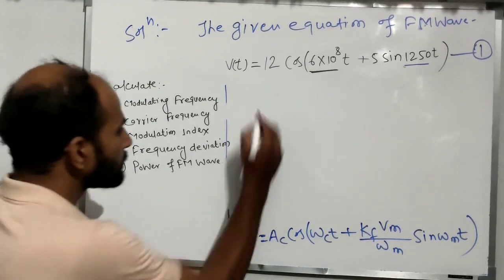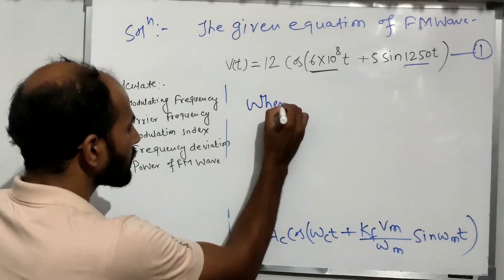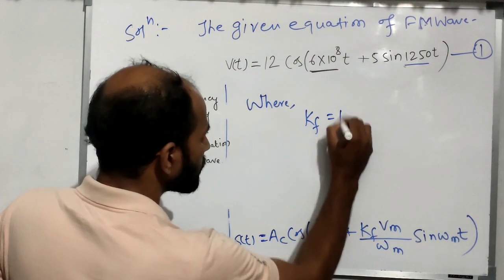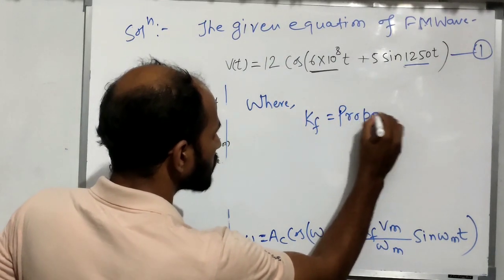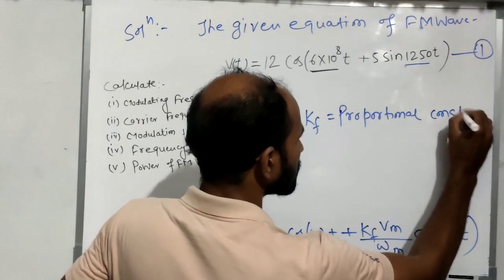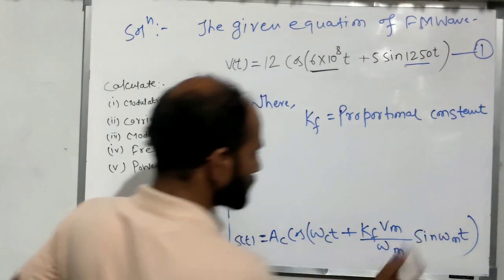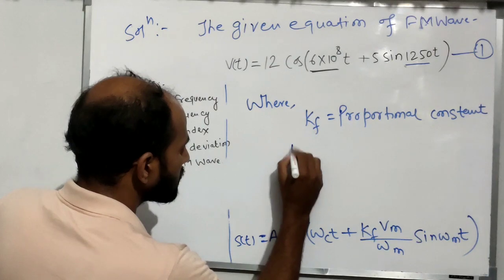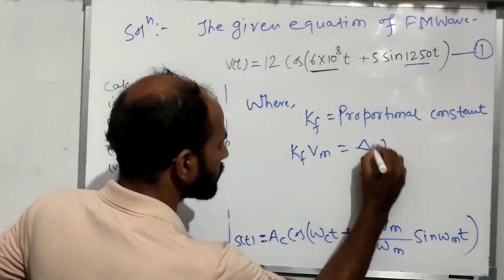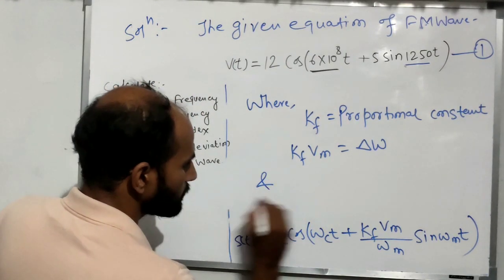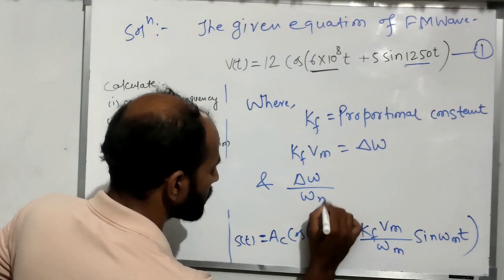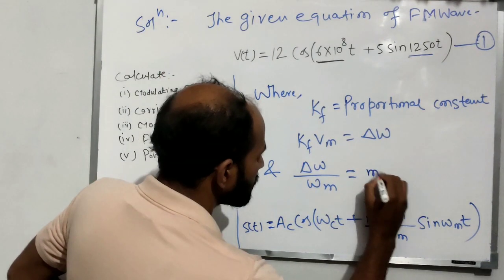Okay, where kf is equal to the proportional constant. Now we can write kf Vm is equal to delta omega, and delta omega by omega m is equal to mf.